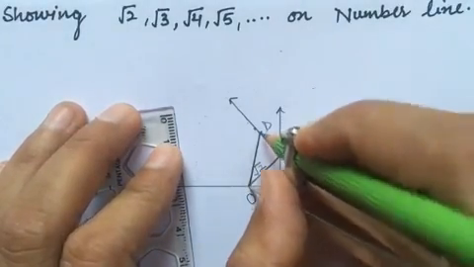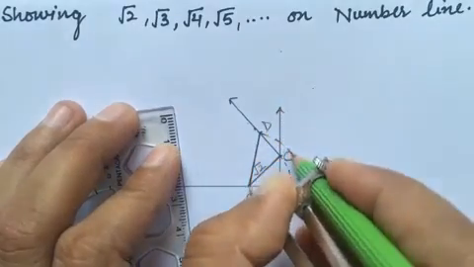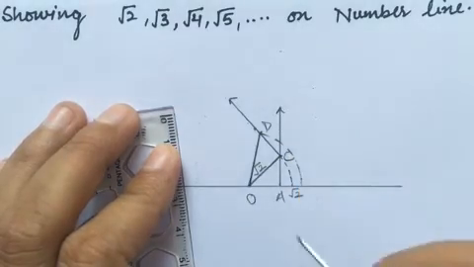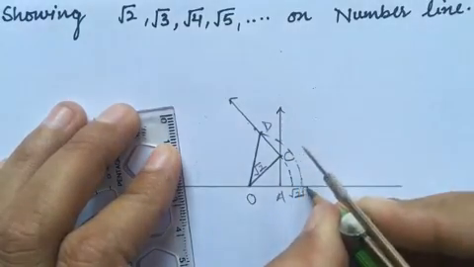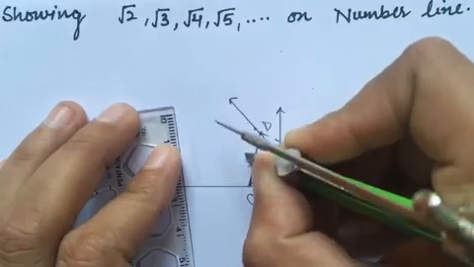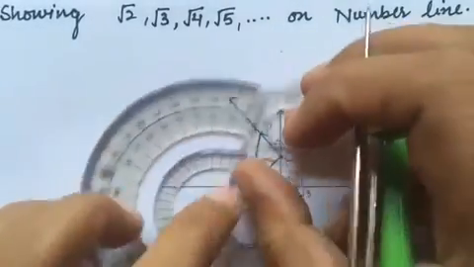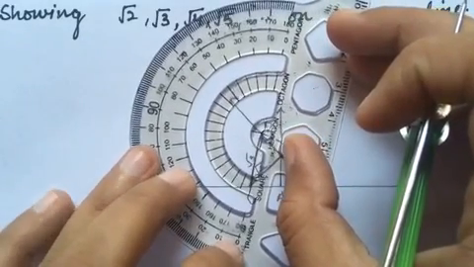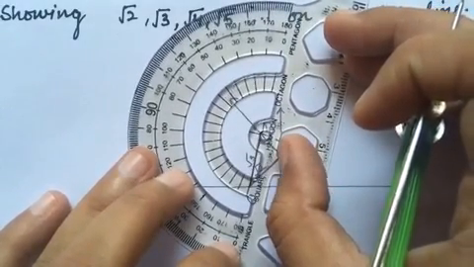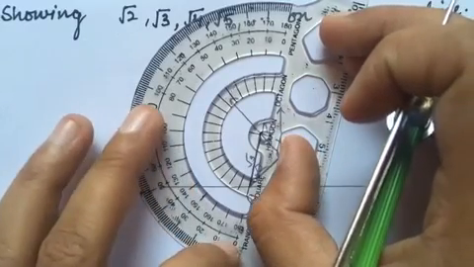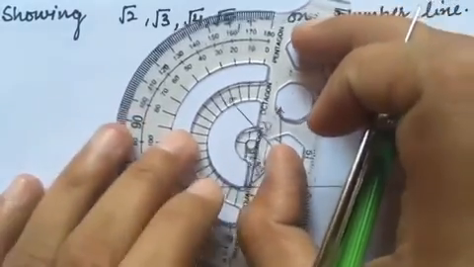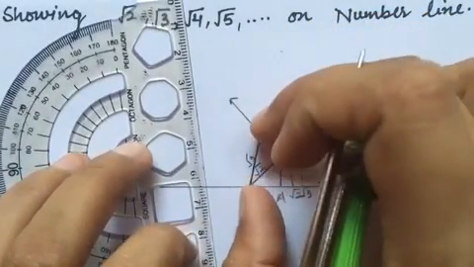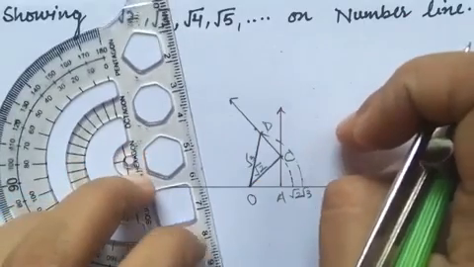So this is your root 3. In the same manner, when you draw a perpendicular from this point D, then you will get root 4. Then again drawing the perpendicular and cutting 1 centimeter, drawing an arc of that radius, you will get root 5, and so on.